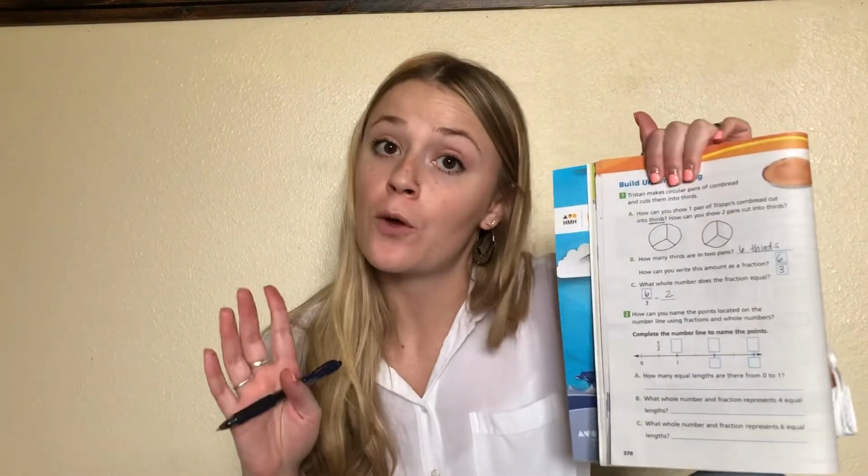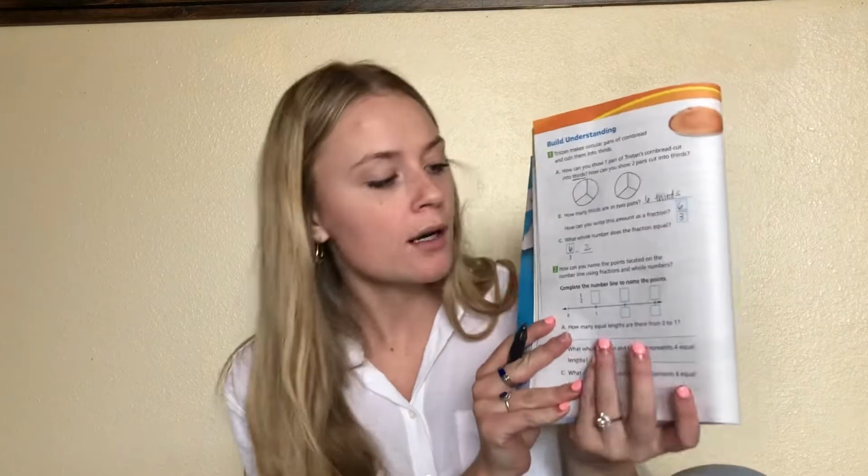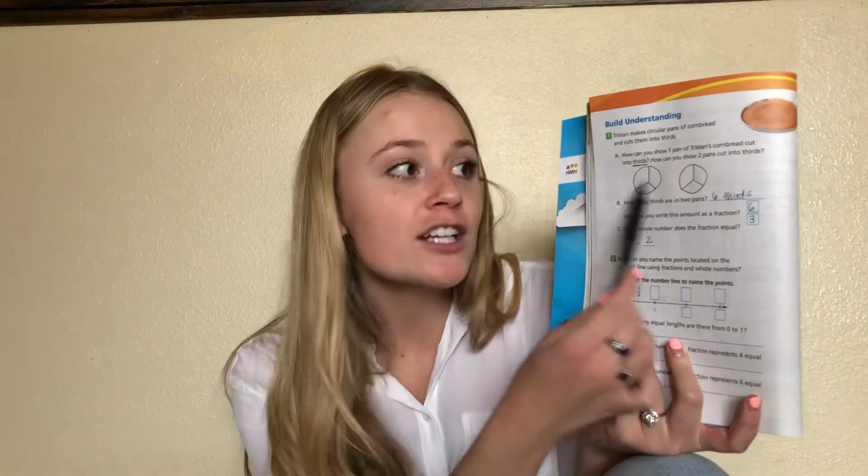Now, this is really cool because you'll learn that fractions are really division equations. I think I've mentioned this before in class. If we do 6 divided by 3, we will get 2. 6 divided by 3 equals 2. And I just did it with fractions as well.